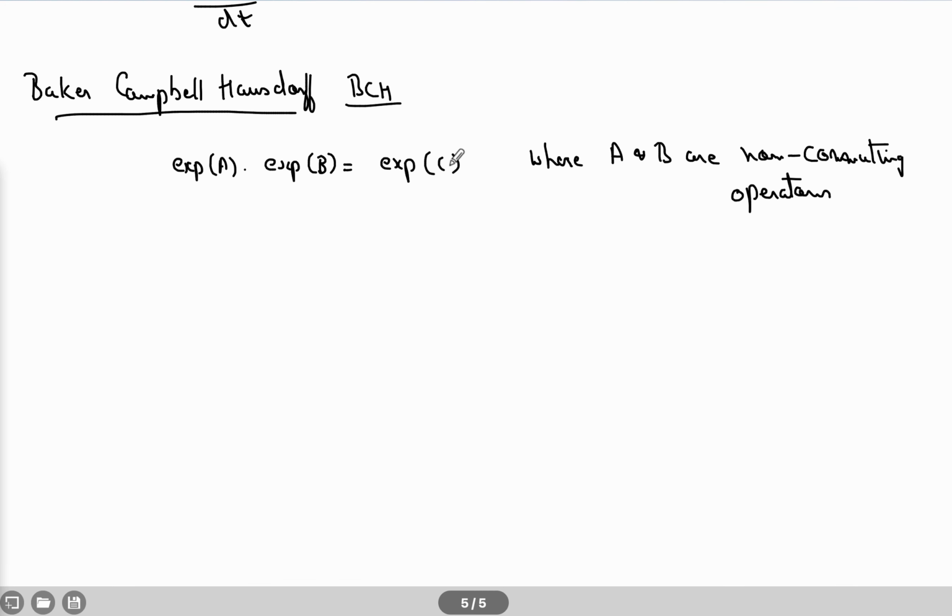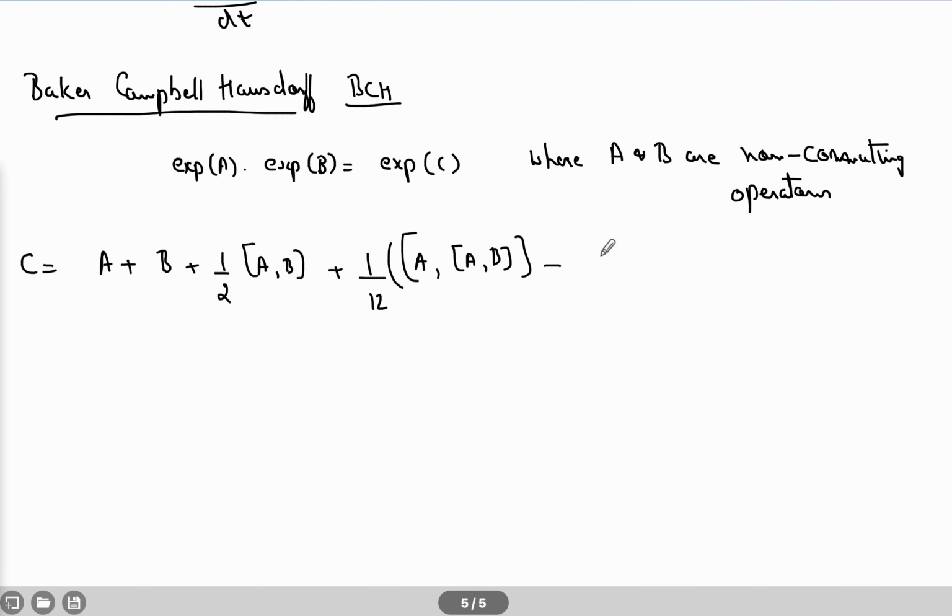For commuting operators, it would be simple: e to the power A plus B. So here, if you want to write C, this can be written as A plus B plus half the commutator of A and B, plus 1 by 12 times the double commutators, AAB minus BAB, and then minus 1 by 24 times a triple commutator, and so on, right?